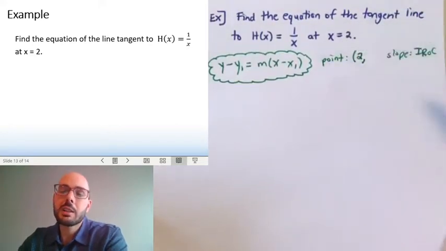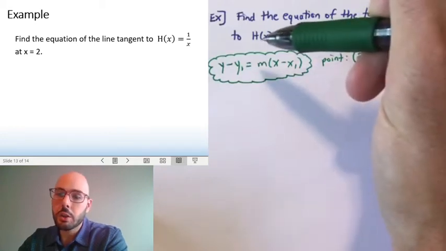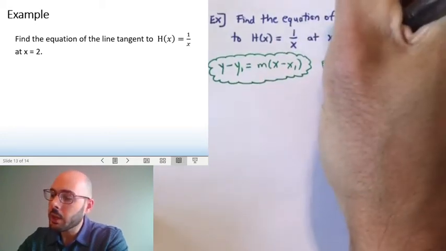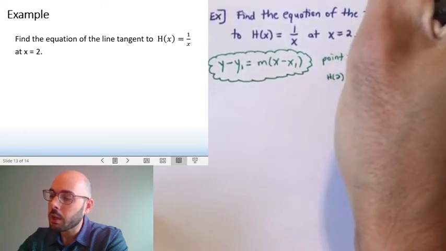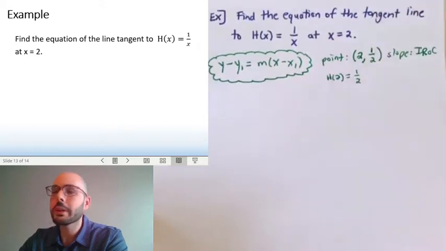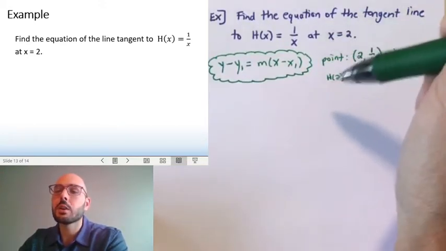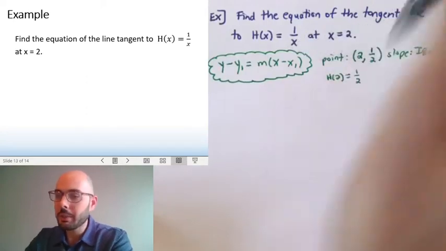But what's the y value? How can I find that? Well, you can go ahead and plug 2 into your function, right? So h of 2 is going to be 1 over 2, and that's going to be our y value. So we have a full point now. It's (2, 1/2). We had to do a little bit more work to actually find the y value of the point, but no big deal. We got it.